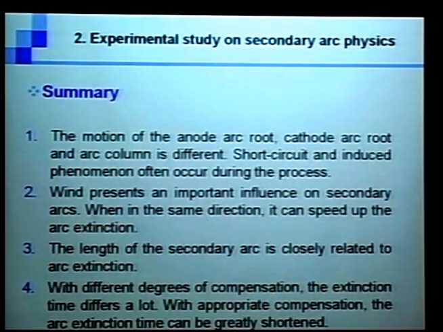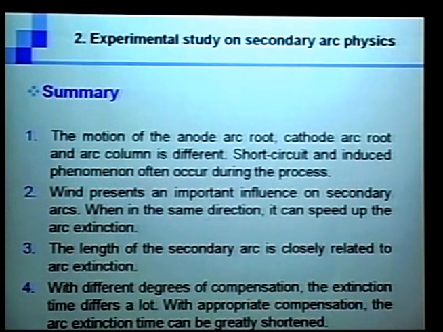Now here is just a brief summary of this part. The motion of the anode arc root, the cathode arc root and the column is different. Short circuit and induced phenomena often occur during the process. And the wind plays a very key role in influencing the second arc physics.